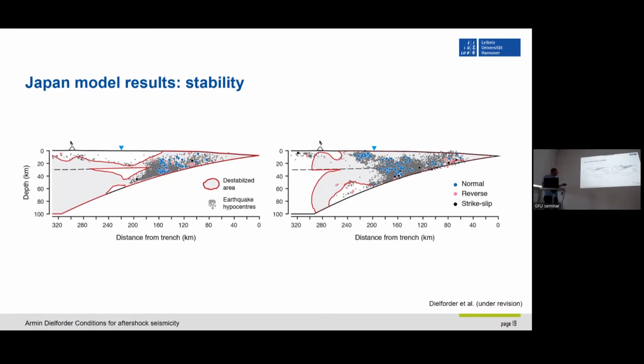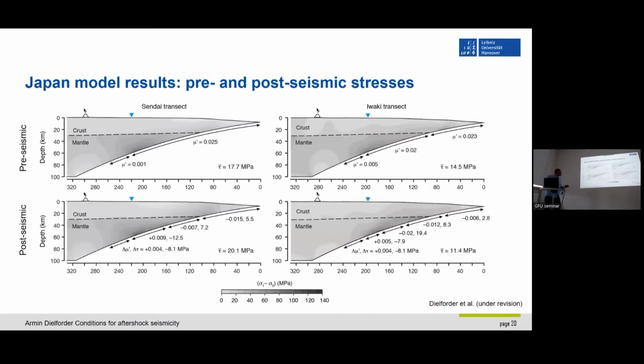Before I address this stability pattern in more detail, I also want to give you an idea about the absolute stresses that we calculated for the pre-seismic and post-seismic period. This is shown as differential stress within the forearc, again for the Sendai transect and for the Iwaki transect.